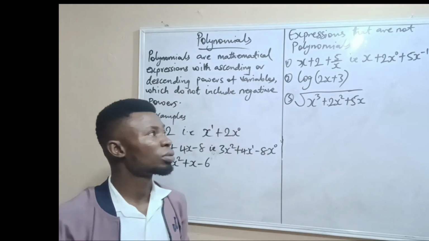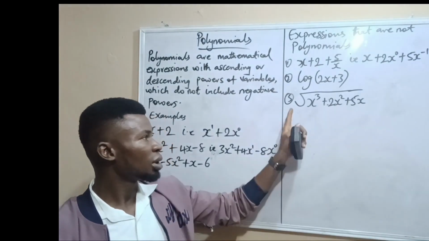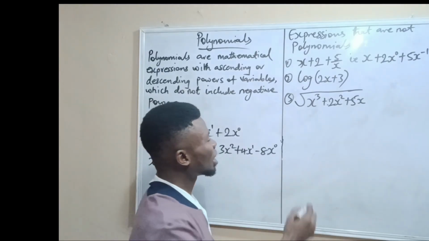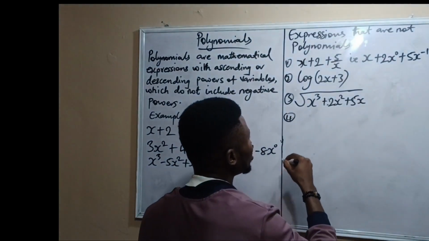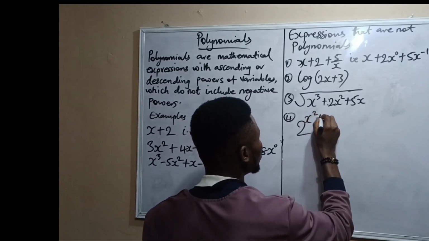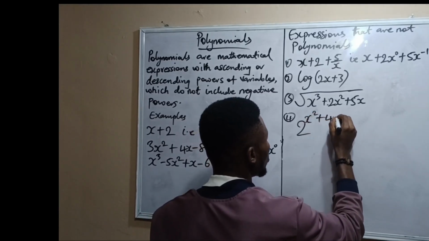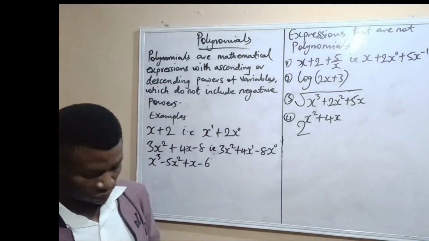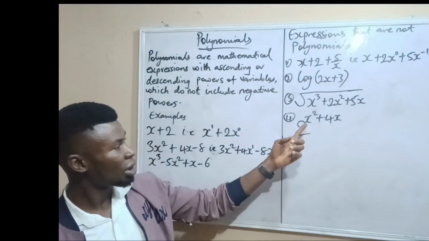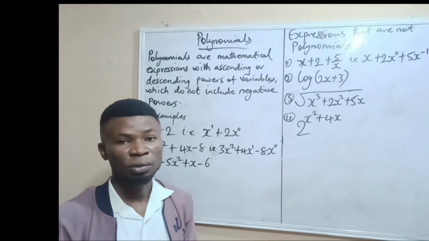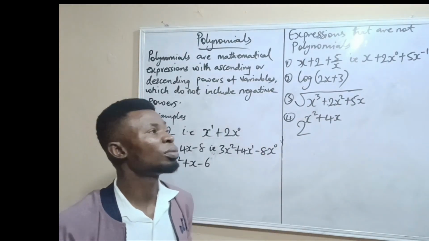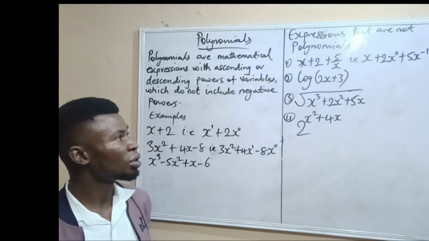This expression also is not a polynomial. Why? It has a square root sign. And then the very last one is something like 2 raised to the power x squared plus 4 or 4x. This one also is not a polynomial. Why? Because the variable is in the power of 2. So you should watch out for what you call a polynomial, but in the real sense, they are not polynomials.